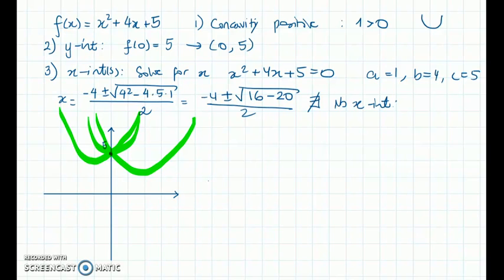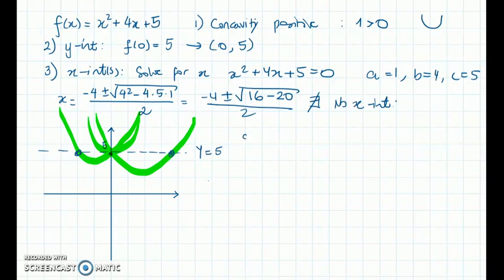And for that, what I'm going to do is consider a line going through the y-intercept. So the line y equals 5. And I'm going to see where, if at any point, my function cuts that line again. So we know it cuts it at (0, 5). I want to see if there is another point here, for instance, or here, for instance, where this happens. And if there is no such a point, then it means that the vertex is exactly there.